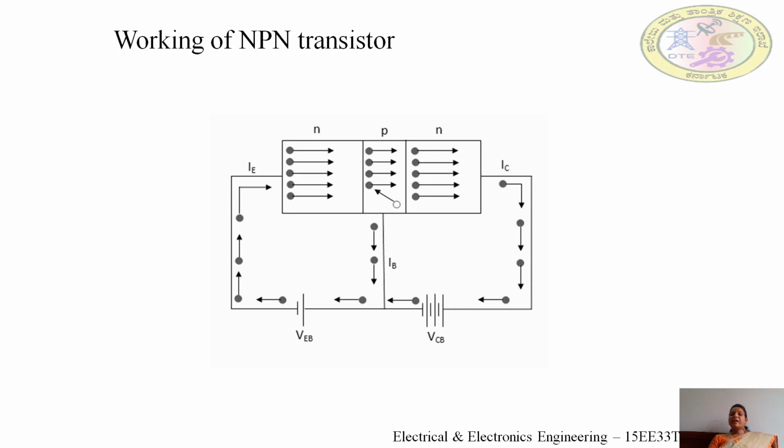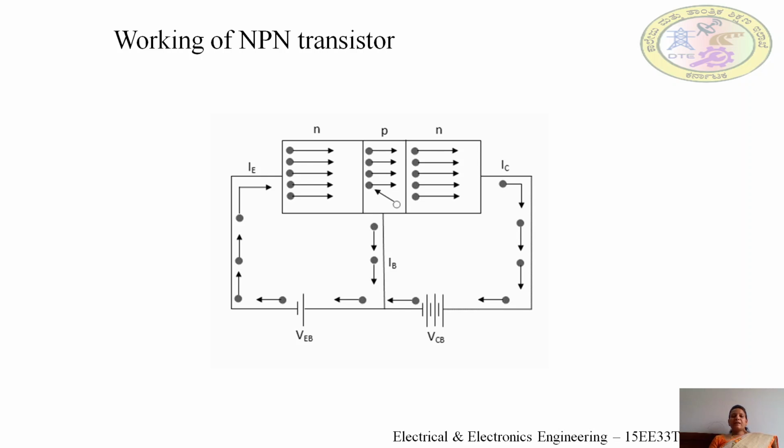That is, when emitter current is zero, your collector current will also be zero. If with the introduction of the emitter base bias, emitter current flows, similarly your collector current also flows in the circuit. This is one important feature that is used in the amplifier circuit. So with this, we can continue with the working of NPN transistor.